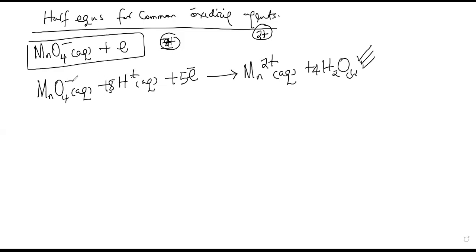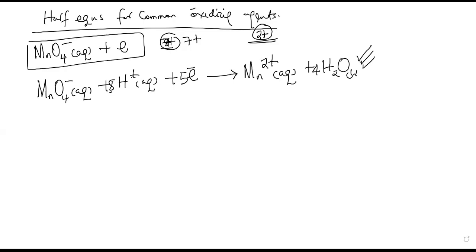So 8 plus -1, you get 7 positive charges. But this side you had 2. So to balance them, you have to subtract 5. And to subtract 5, you have to put 5 electrons. Is it okay? Yes.